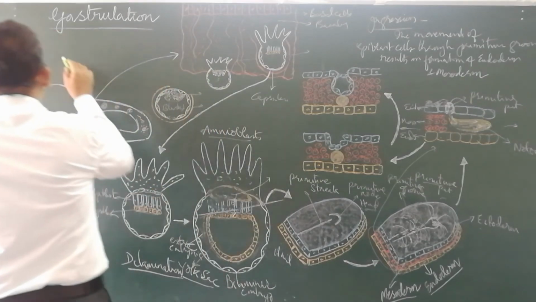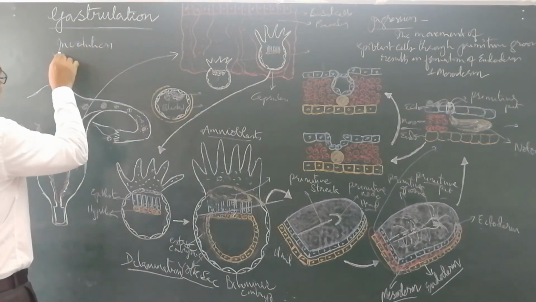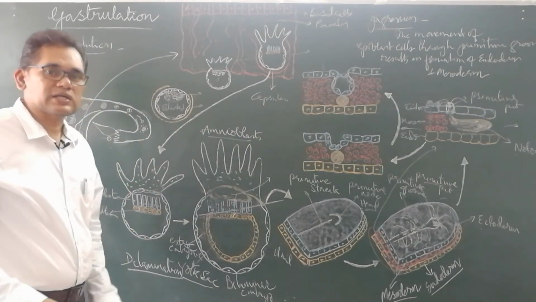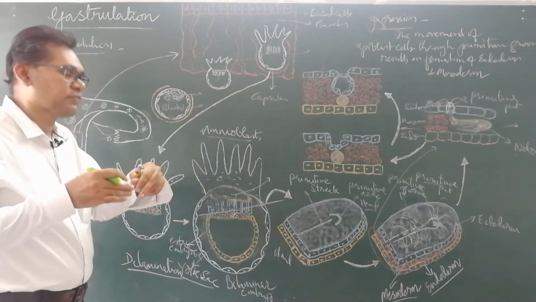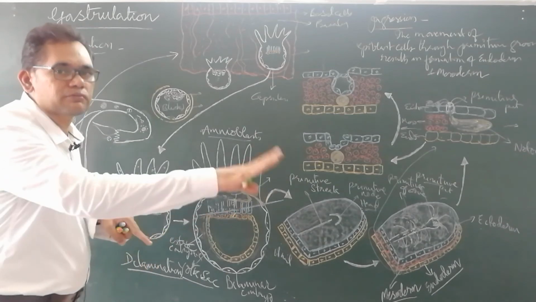What is involution? Involution means some of the cardio-mesodermal cells converge and move through the primitive pit and move forward.